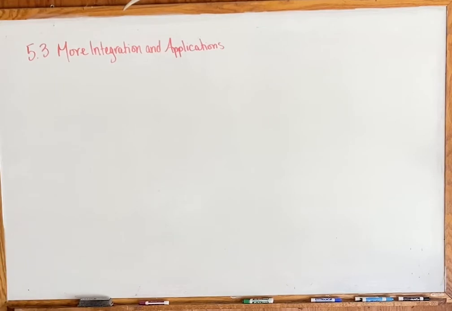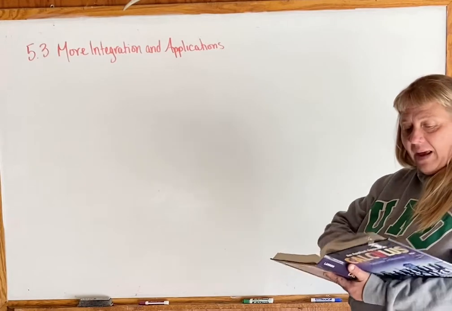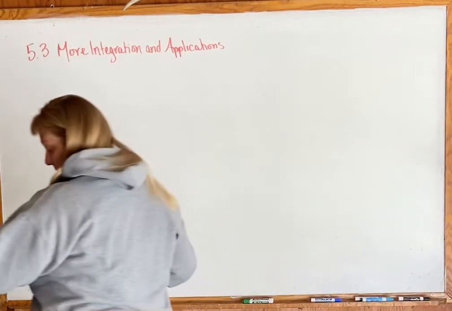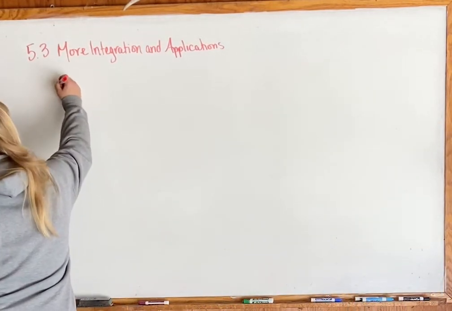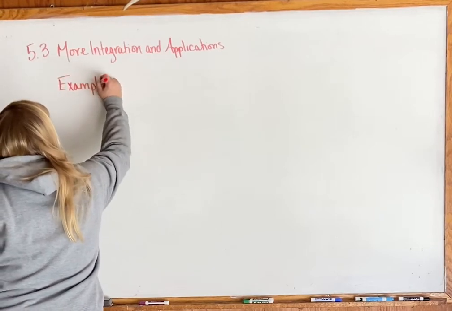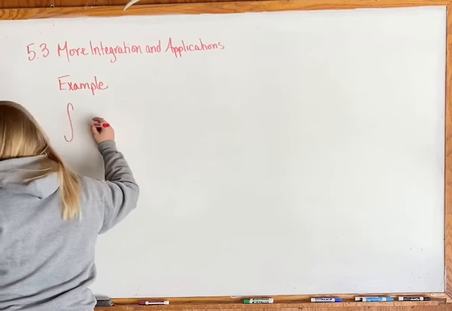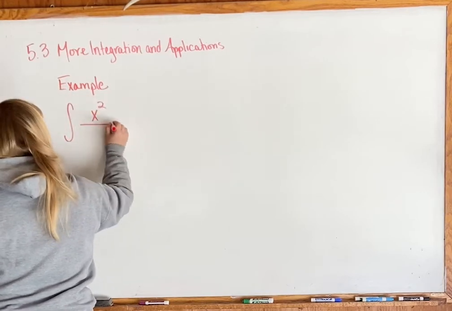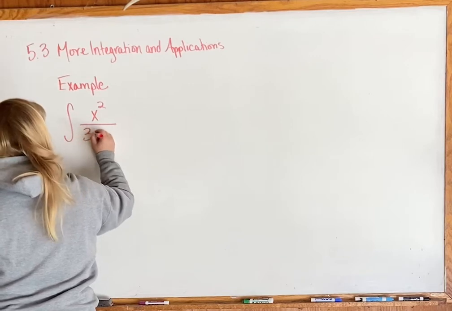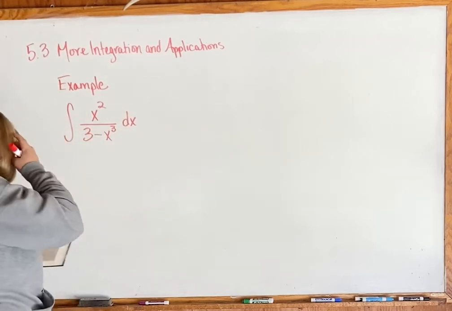Okay, let's run through a couple examples just to get us back in the groove. Let's say that I asked you to find the integral of x squared over 3 minus x cubed dx.